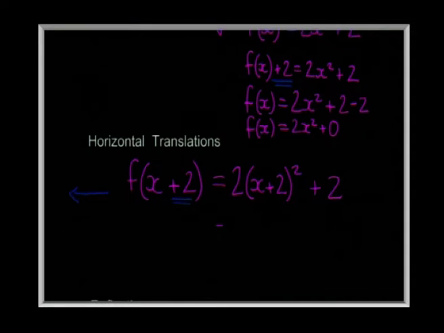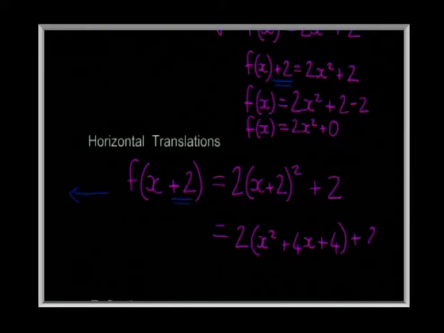So it becomes 2x squared plus 4x. Remember, when we multiply out a binomial, we've got to get 3 terms as an answer, plus 2.